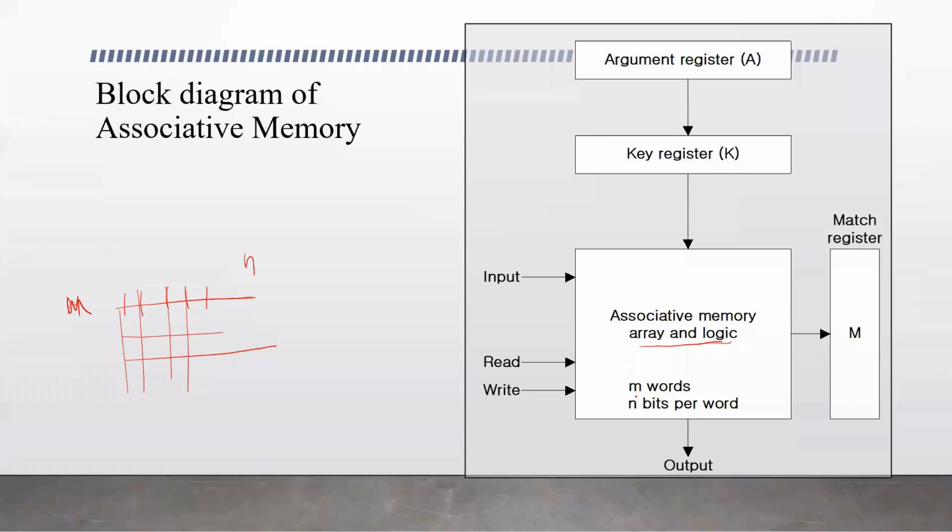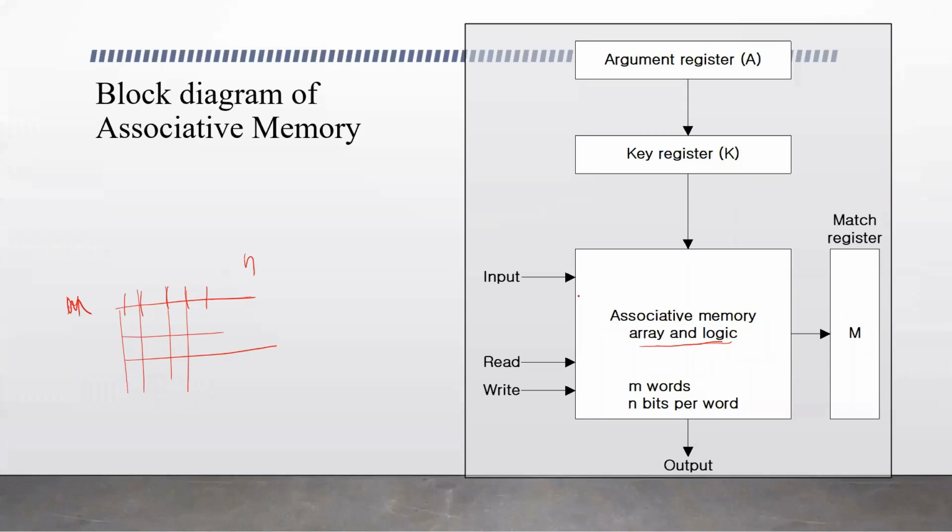This memory has m words and n bits per word, and the control signals read and write are used to read data from the associative memory, or to write into it. This read is associated with output. When there is a read operation, the content is identified and it is given as output. And this write operation is associated with input.